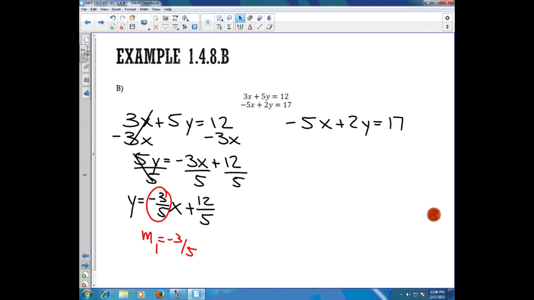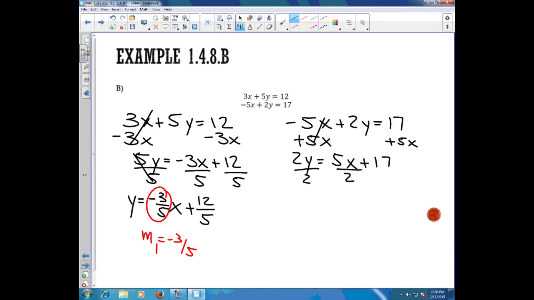If we do the same thing for the second line, this time we're going to add 5x to both sides. We get 2y is equal to 5x plus 17. Divide by 2, and y equals 5/2 x plus 17 over 2. So our slope here is 5/2.